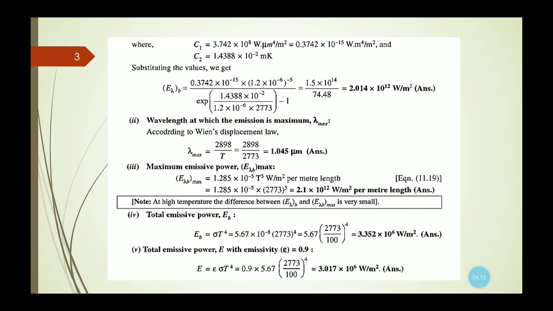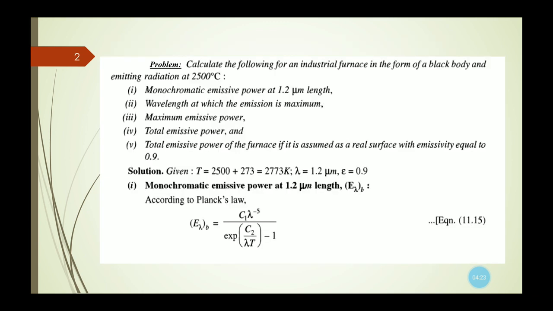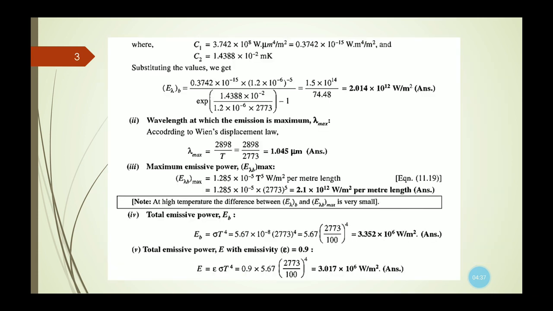Now if we put these values in the formula of Planck's law: C1 and C2, whose values we need to remember, then lambda, which is 1.2 micrometer as given in this question, and the value of capital T, which is 2773.